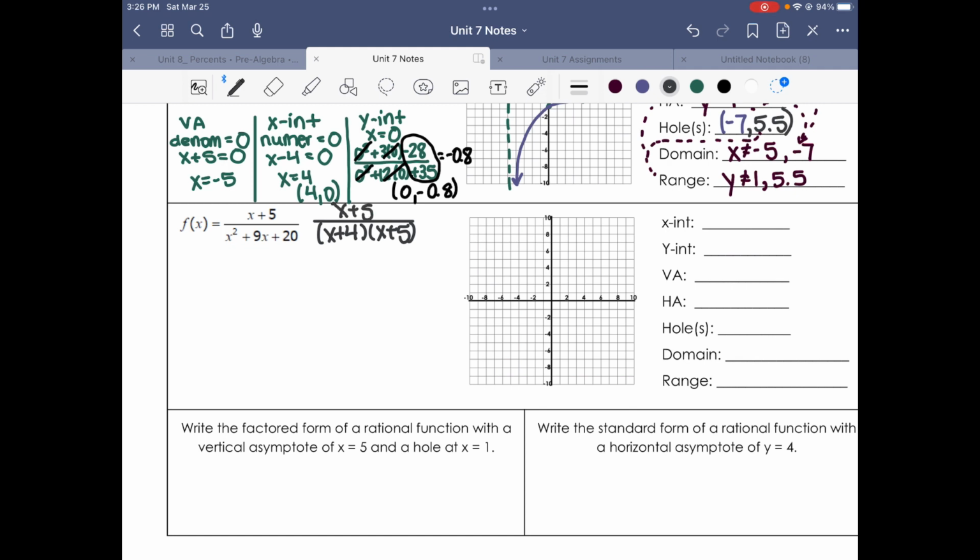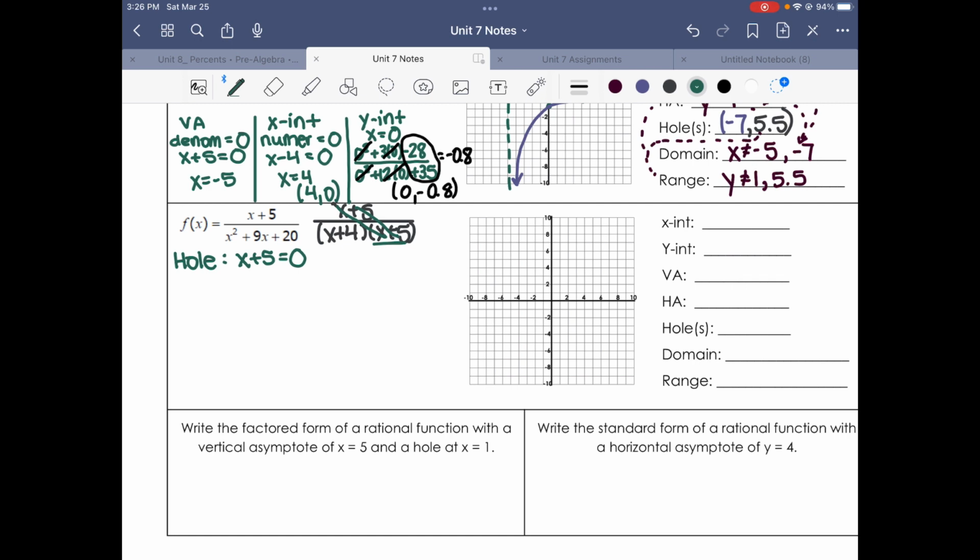Then you'll notice that my x plus 5s actually can cancel. As I cancel those out, I need to write over here on the side that I have a hole where x plus 5 equals 0. The reason why we have to set it equal to 0 is because that would have been a vertical asymptote before, because you can't let the denominator equal 0.